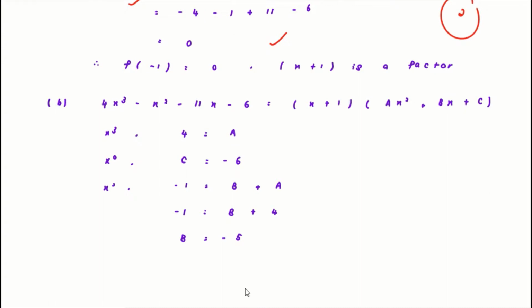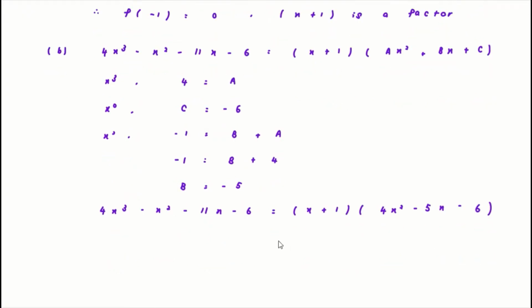So in this case, 4x cubed minus x squared minus 11x minus 6 is equal to x plus 1 times 4x squared minus 5x minus 6. After you get this, let's see whether you can factorise this or not.